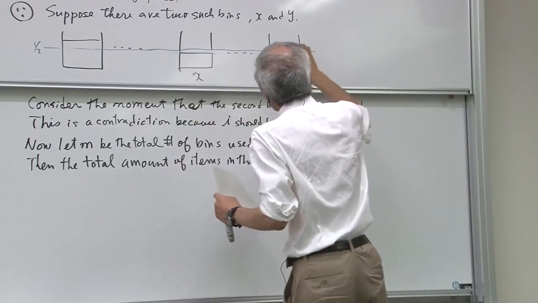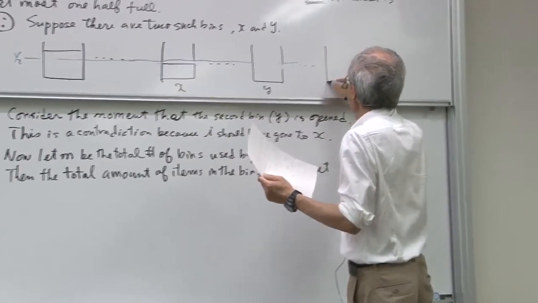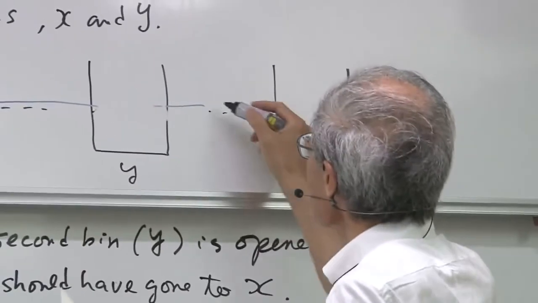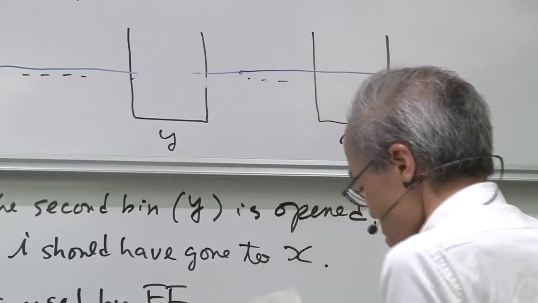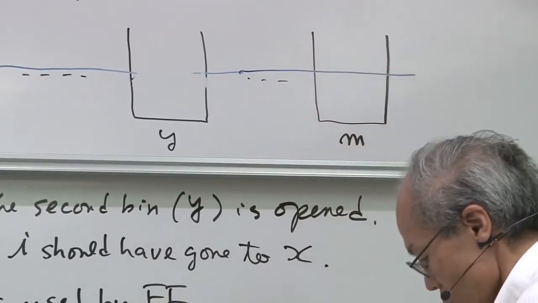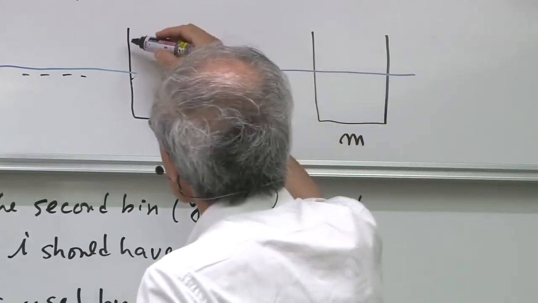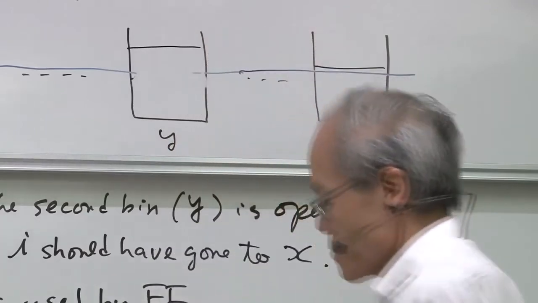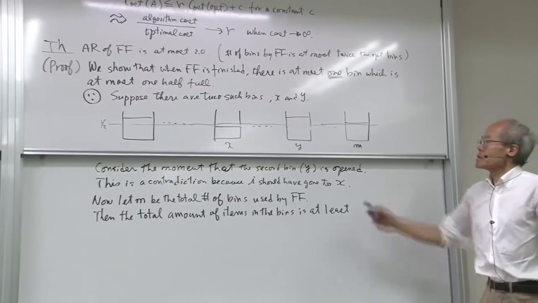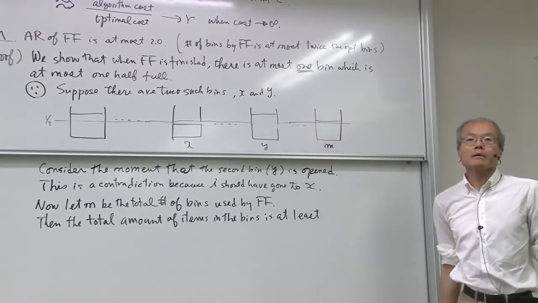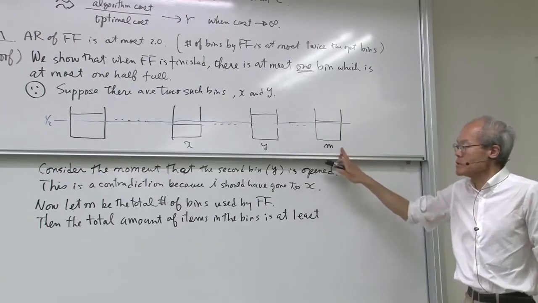We have M bins, and all bins but one are more than one half full.